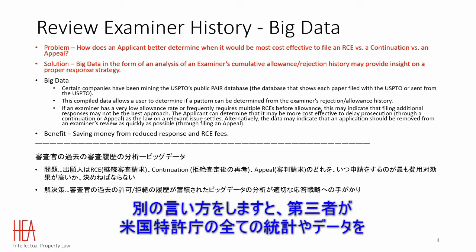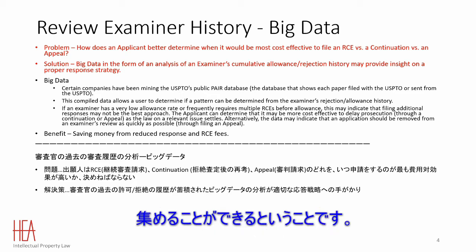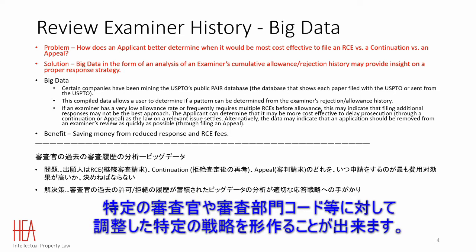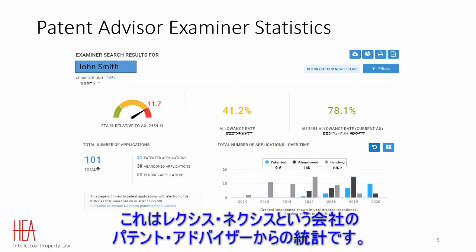So in other words, a third party could scrape all the USPTO statistics and data by examiner, by applicant, by application number, by art unit, by group. And then we can take this data and we can form a specific strategy tailored to the specific examiner or art unit, etc. So here is an example of some of the statistics that are available to us.